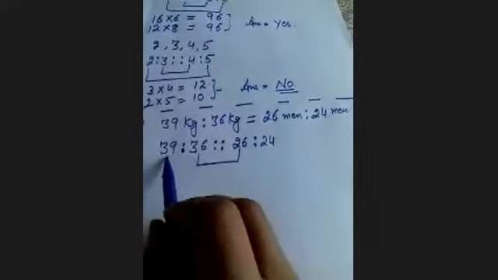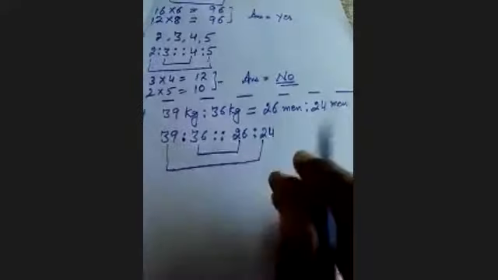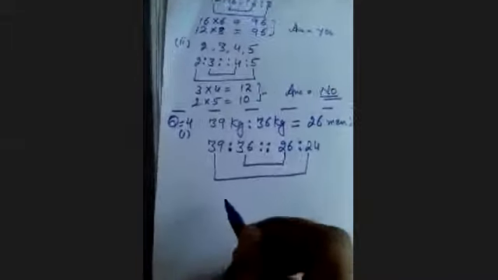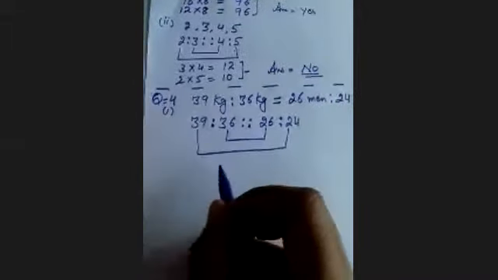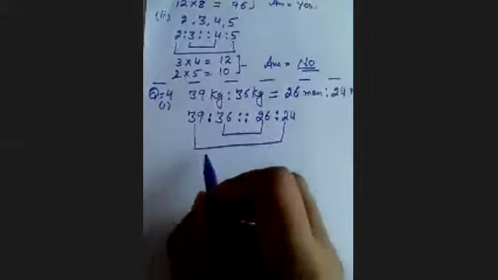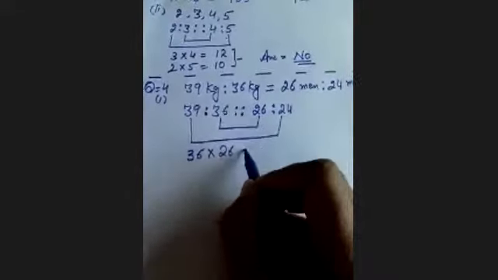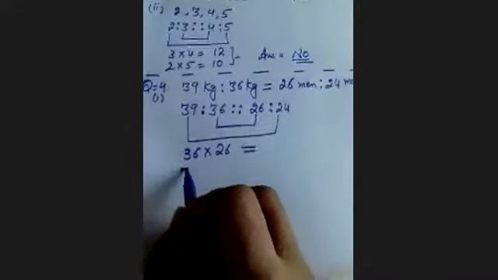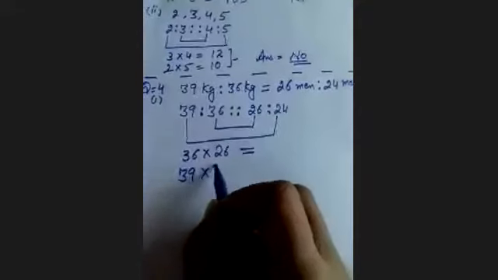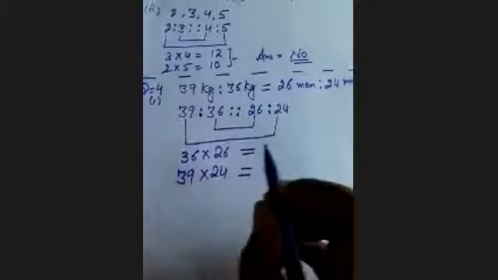Now find the product of mean terms and product of extreme terms. 36 multiplied by 26 and 39 multiplied by 24.